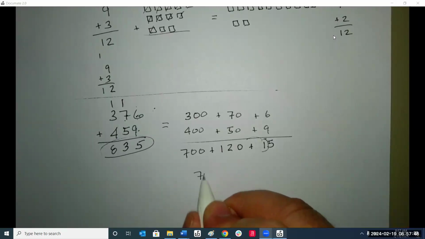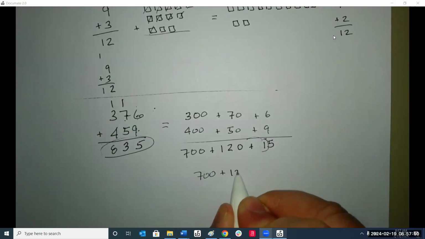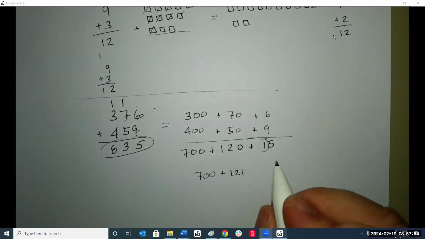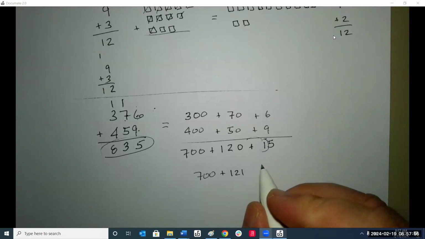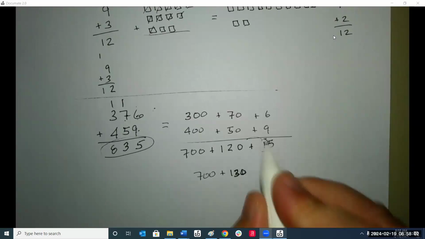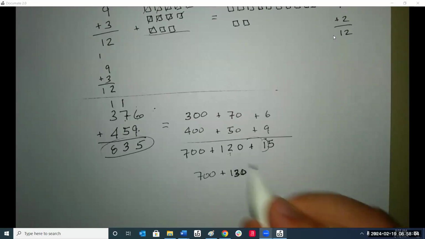So we have 700 plus 121. No, 130, I'm sorry, because this is a 10. It goes under the 10s.